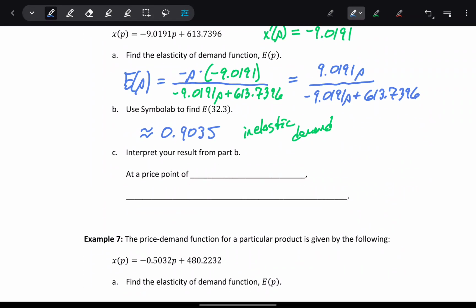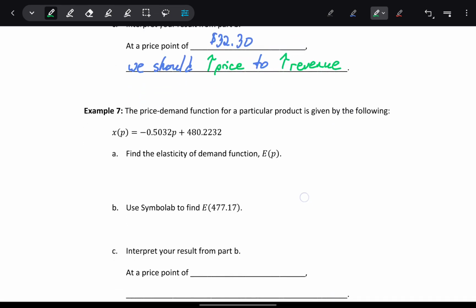And to interpret that, we would say that at a price point of $32.30, that's the p-value that we plugged into the elasticity function, since demand is inelastic, we should increase price to increase our revenue. That increase in price will be met by a smaller decrease in demand, so total revenue will increase.